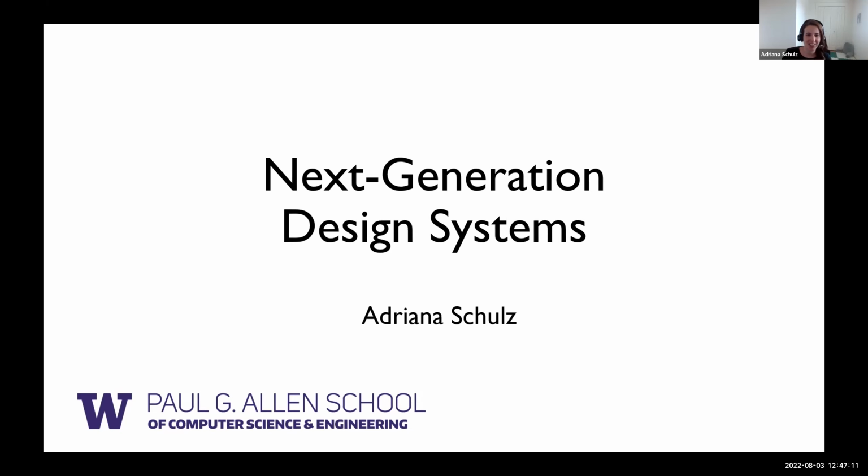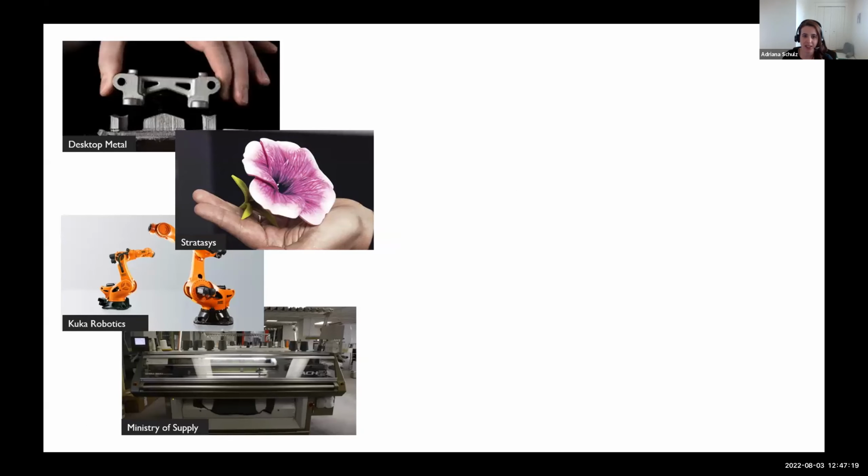So next generation design systems. What are we trying to do? What motivates the research in my group is the novel advances in manufacturing hardware, right? We have 3D printers, we have industrial robots, whole garment knitting machines that can custom make a complete garment.